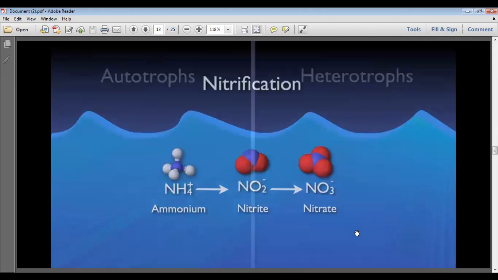So then what is nitrification? Your ammonia is converted into nitrite and nitrate. That is called nitrification. How it is done is by these two kinds of bacteria, autotrophs and heterotrophs.